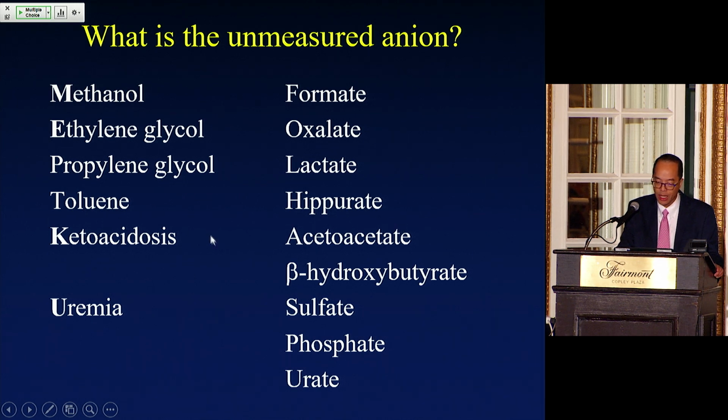In ketoacidosis, the acids that are generated are acetoacetic acid and beta-hydroxybutyric acid, so the anions are acetoacetate and beta-hydroxybutyrate. And in uremia, the acids that are generated are those that are generated from dietary protein intake, mostly, and they include sulfates, phosphates, and urates.